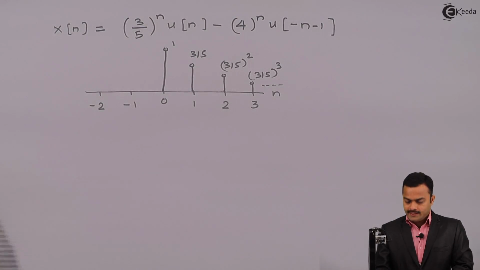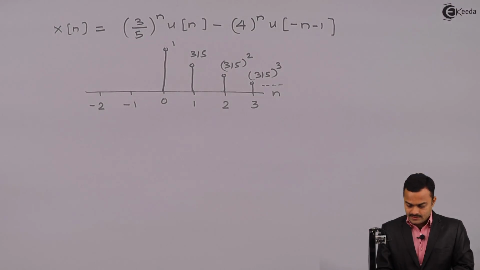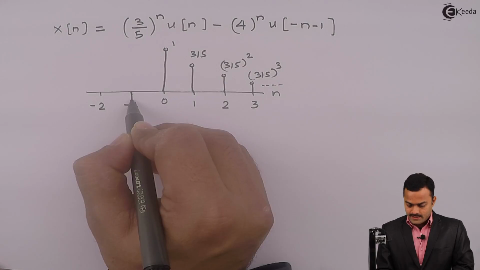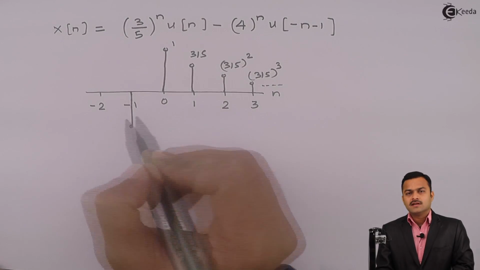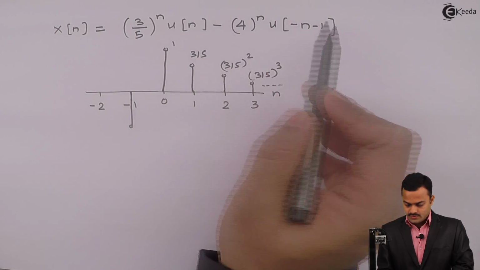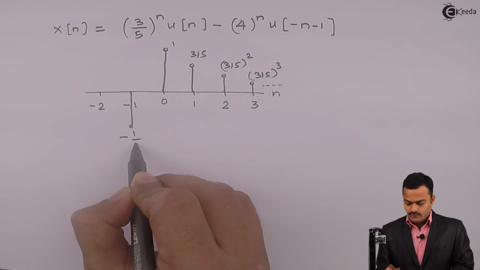So for n equal to minus 1, I will get minus 1/4, because it is 0 minus this term.